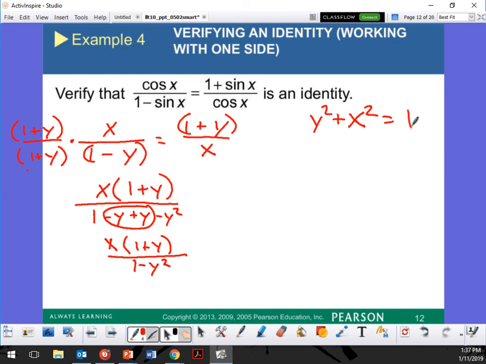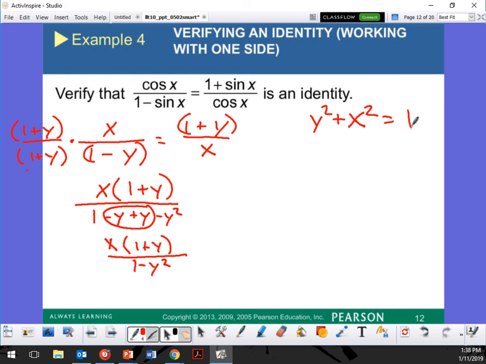That's the Pythagorean identity. We started that back in the first one here. That's my a squared plus b squared equals c squared, where the radius of my circle is always 1. Sine squared plus cosine squared is equal to 1.